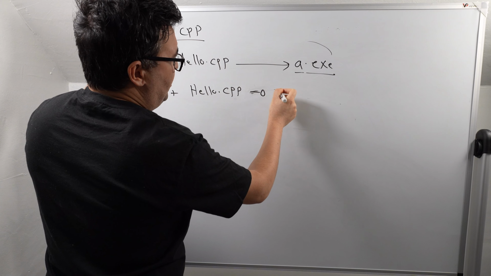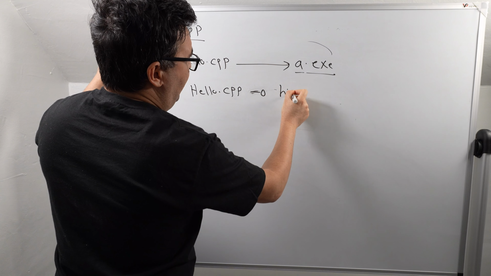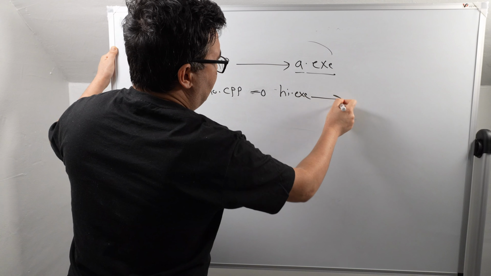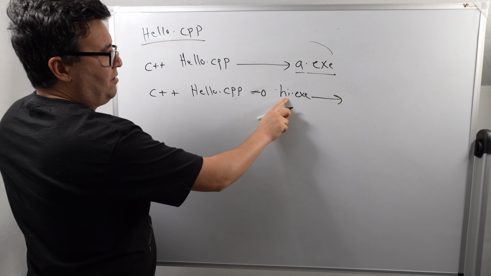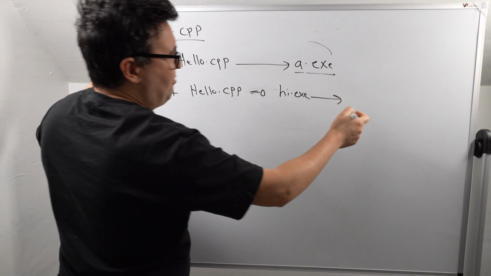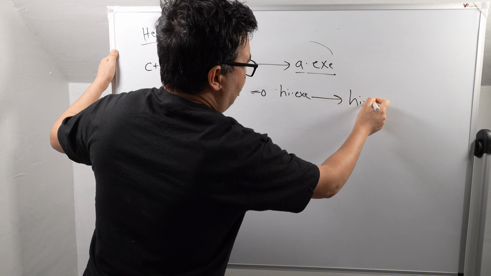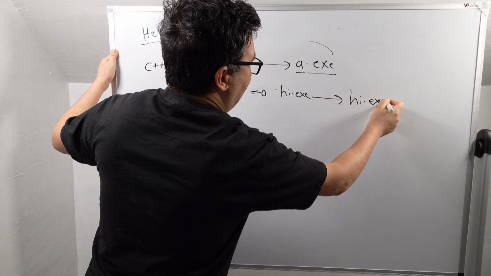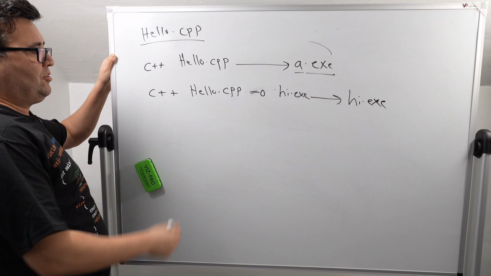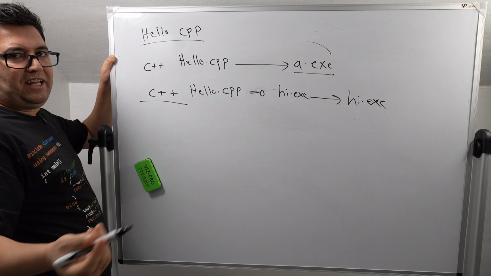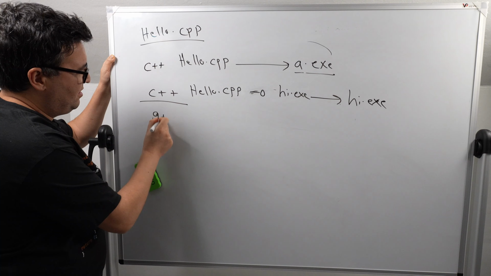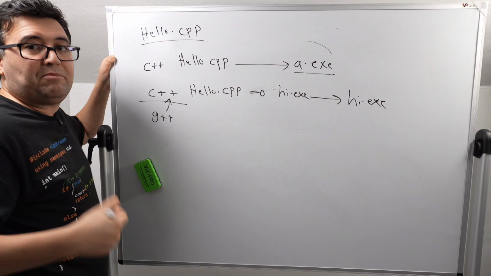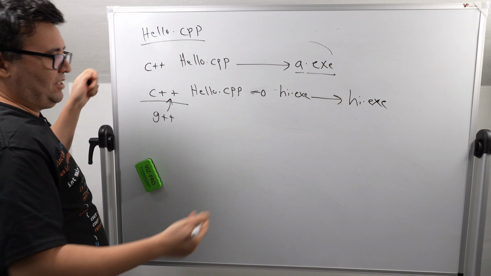Then we put i.exe. So now the output of the compilation will be a file which is i.exe, not always a.exe. So we can use c++ now instead of g++, because you can always remember it. They added this in the recent version.